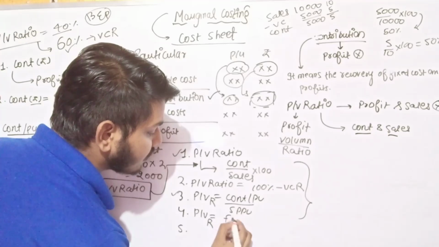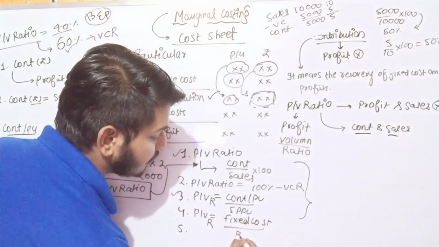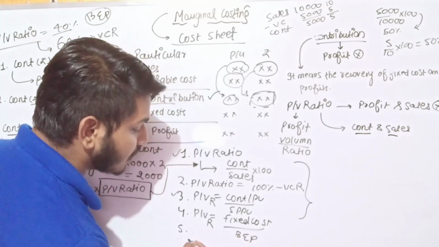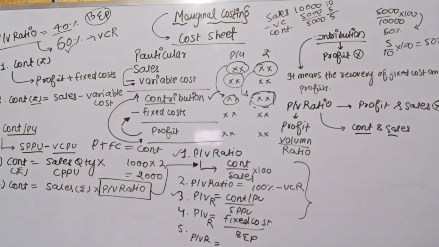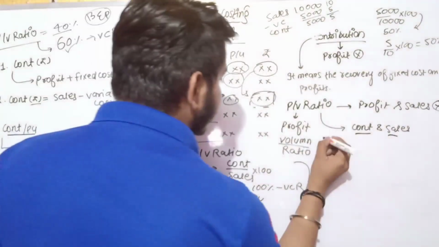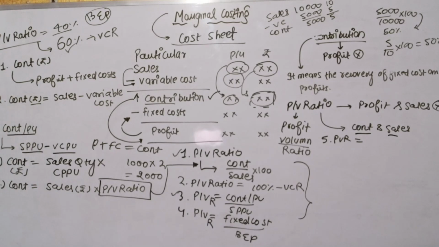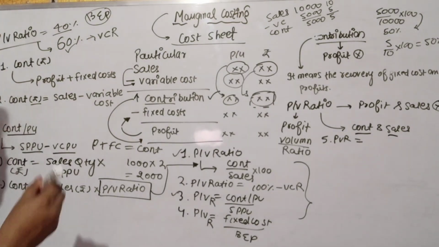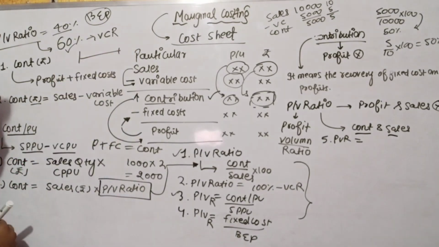So the formula is fixed cost divided by BEP. This is the fifth formula for PV ratio. Before continuing with the fifth formula, I must tell you what BEP is.